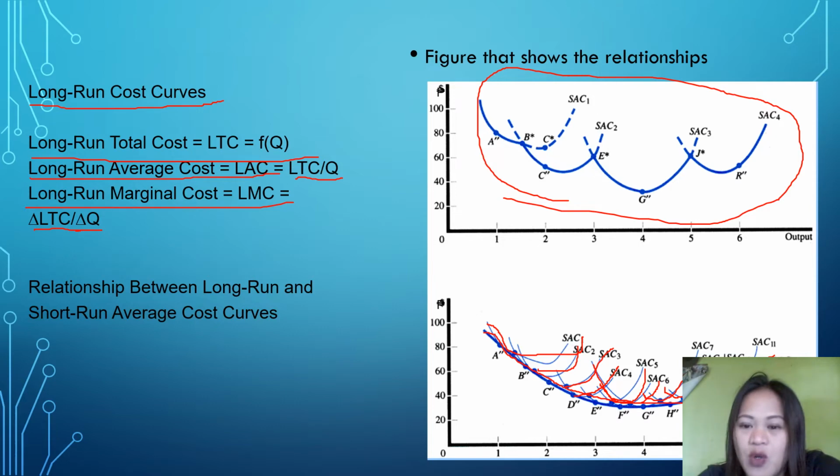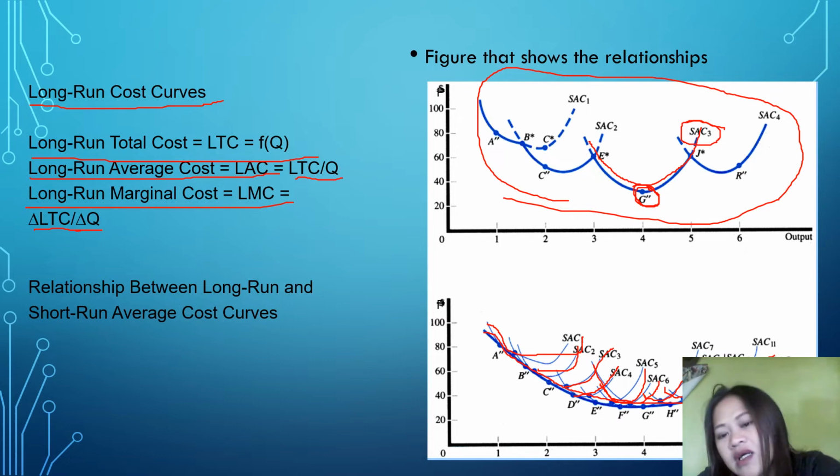Of course, if you're going to pick, look at the minimum cost, yung pinakamababang cost sa pinakamababa rin na curve. In this one, short run average cost curve 3 is considered to be the best one because its cost is on the lowest part, and yet there is also a minimum point that could be tangent to a certain long run average cost.